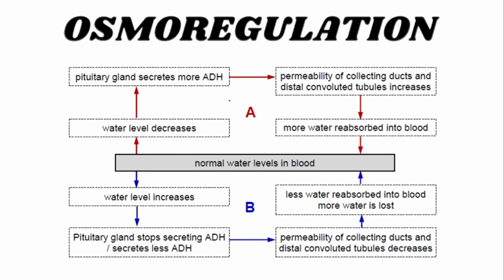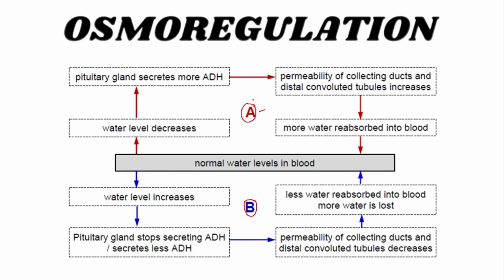Okay, so A represents when there is a decrease of water in the body, and B represents when there's an increase of water in the body. Now remember I said that in the last video we looked at the hormones that play a role in water balance, right?